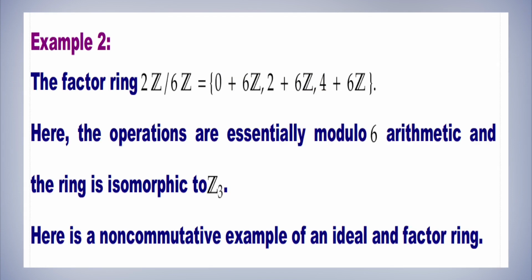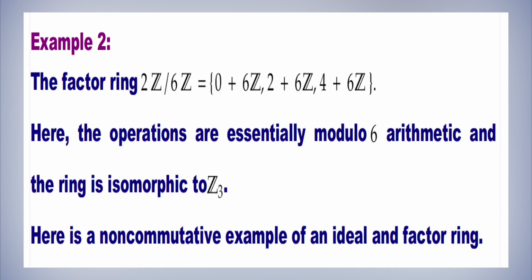The second example is the factor ring 2Z/6Z, equal to the set of all 0 + 6Z, 2 + 6Z, 4 + 6Z. Here the operations are essentially modulo 6 arithmetic and the ring is isomorphic to Z3.